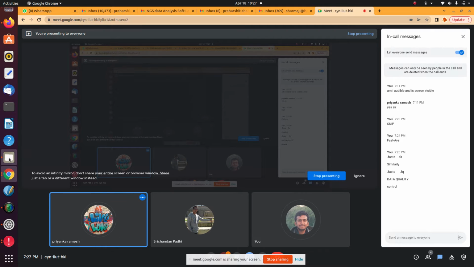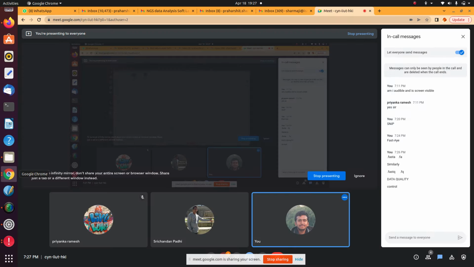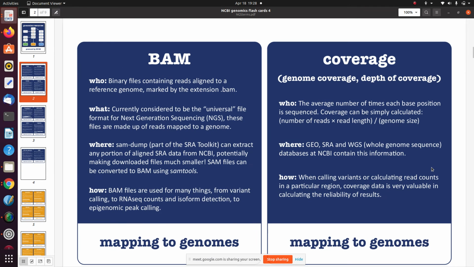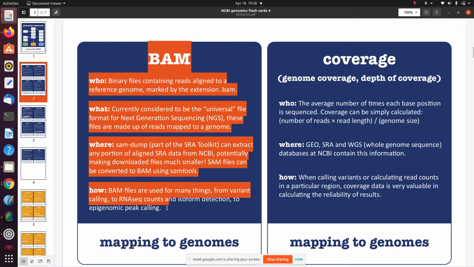Okay, so let us come to simple terminologies. What is a BAM file? Yes, Dr. Padi, what is BAM? Binary files containing reads aligned to a reference genome, marked by the extension .bam.